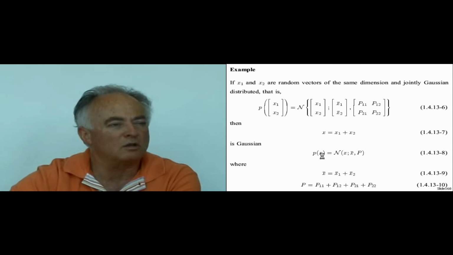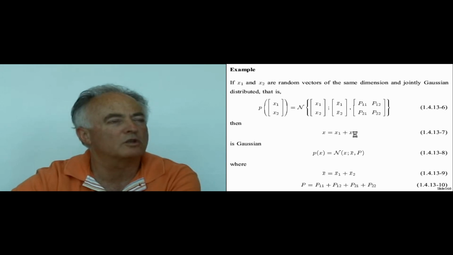Second, the mean of the resulting sum x bar and the covariance of the resulting sum are given by the following. x bar is x1 bar plus x2 bar, and the covariance P of this sum is P11 plus P12 plus P21 plus P22. And this is obtained simply by multiplying this sum minus its mean with its transpose and taking the expected value.